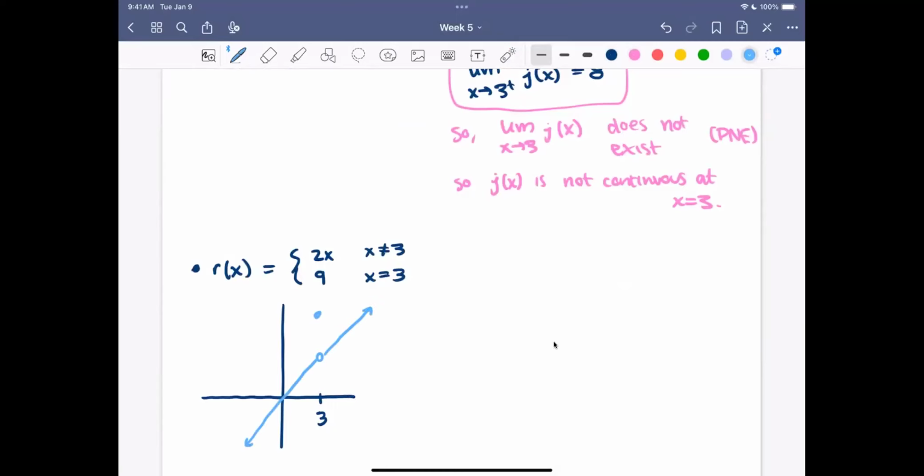So what would the limit as x approaches 3 from the left of r of x be, and the same thing for the limit as x approaches 3 from the right of r of x? What would these limits be?